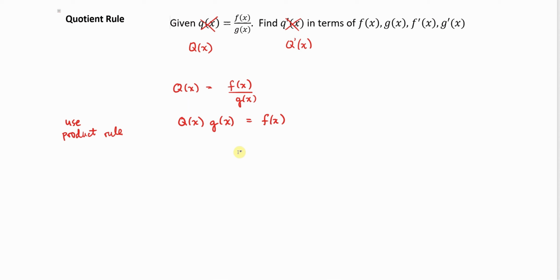So we're going to take the derivative of both sides, right? If these two expressions are equal, then their derivatives must also be equal. So the derivative of the function on the right side is just f prime.